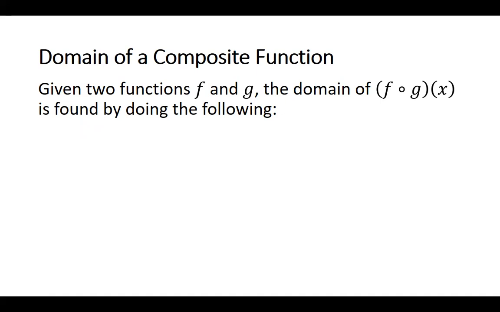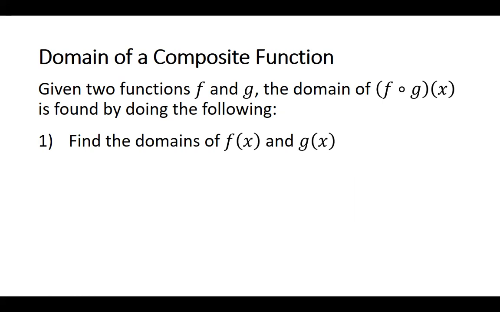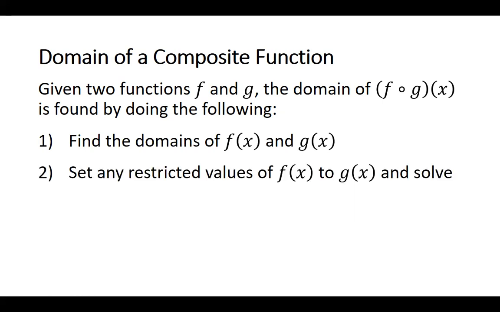What about finding the domain of the composite function? Given two functions f and g, the domain of f of g of x is found by doing the following. First, find the domains of f of x and g of x. Second, set any restricted values of f of x equal to g of x and solve, meaning take anything that is not in the domain of f of x, make g of x equal to that, and solve to find out what inputs will cause that problem.